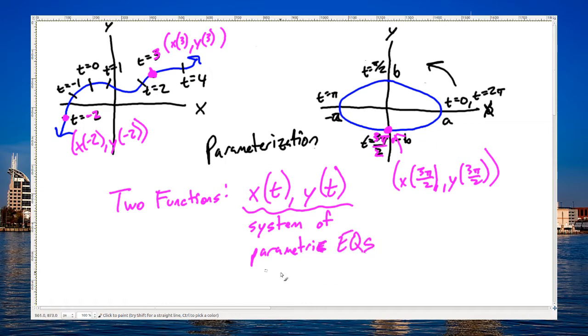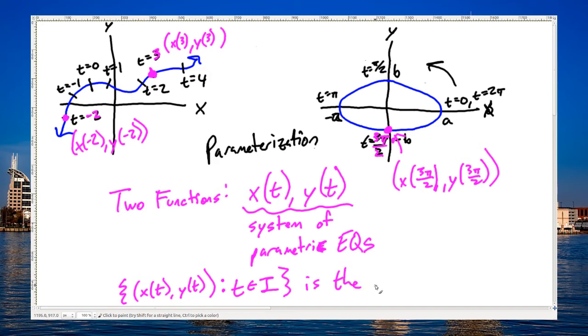And then we have a set of points, x of t, comma, y of t, and t belongs to a certain interval. I'll talk about that in a second.